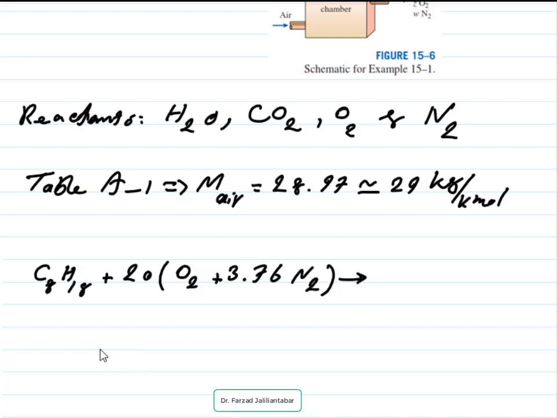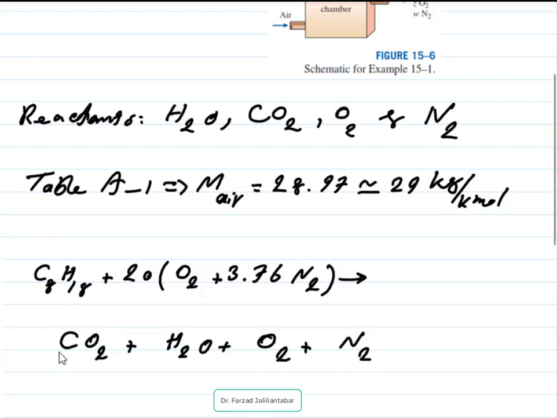And the products are CO2, water or H2O, oxygen, and nitrogen.